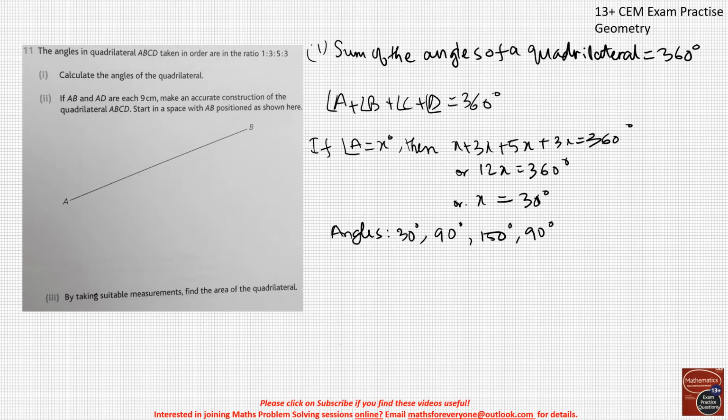Next they have said if AB and AD are each 9 centimeters, make an accurate construction of the quadrilateral. Start in space with AB positioned as shown here. So it has to be in the same position that they have drawn AB.